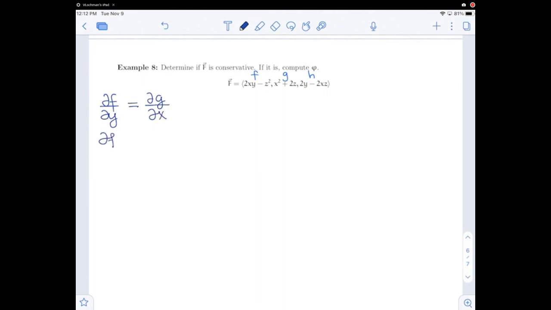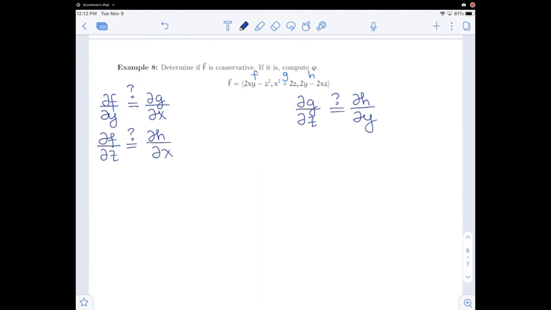Then partial of f with respect to z is equal to partial of h with respect to x. Right now these are question marks. Is that true? I don't know, we'll find out. And then dg/dz, is that the same as dh/dy? All three need to be satisfied. If two are satisfied and one is not, the answer is no, F is not conservative.